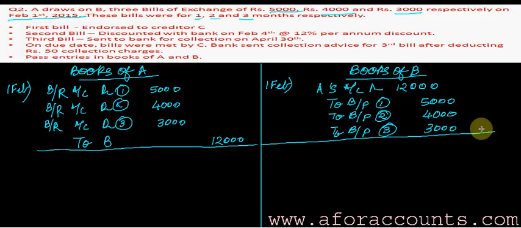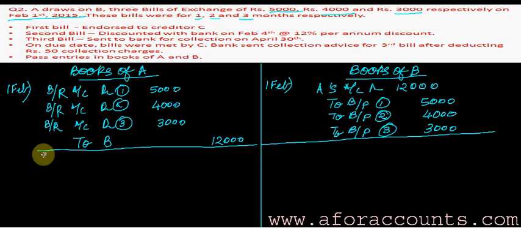Okay. Now, first bill endorsed to creditor C. The first bill of 5,000 has been given to C for paying payments of A. So a creditor needs to be paid by A. So instead of paying through cash or bank, A gives him the bill.